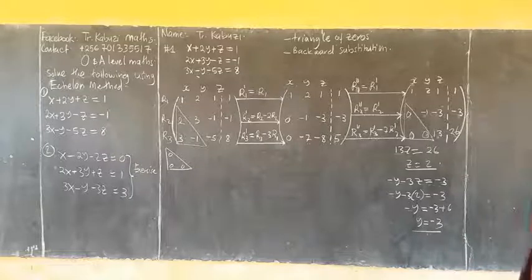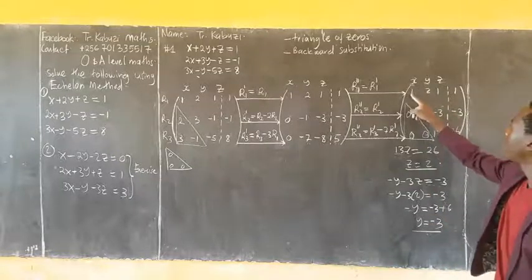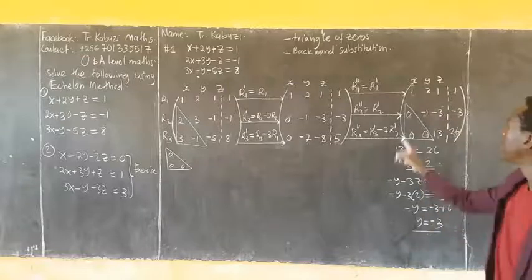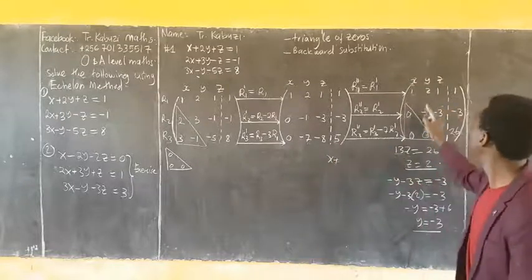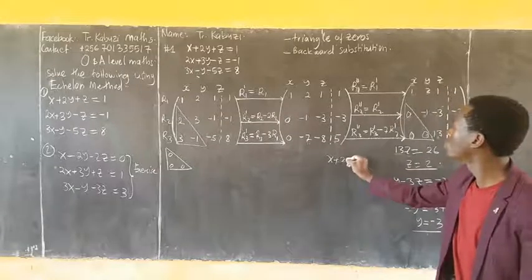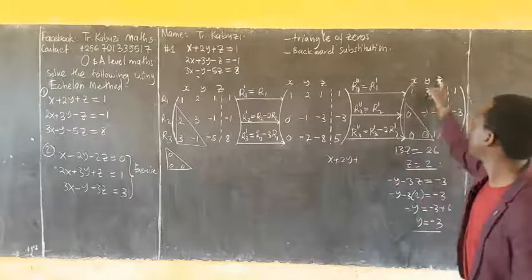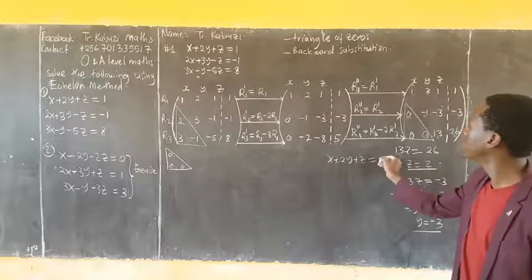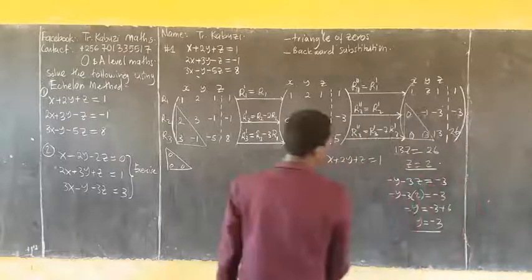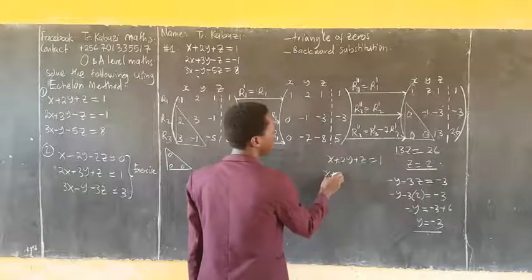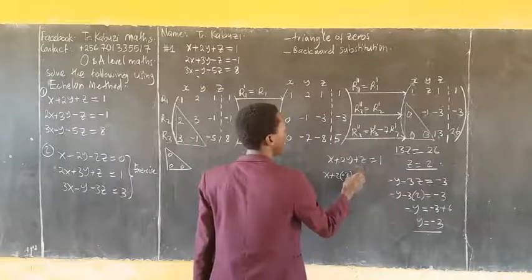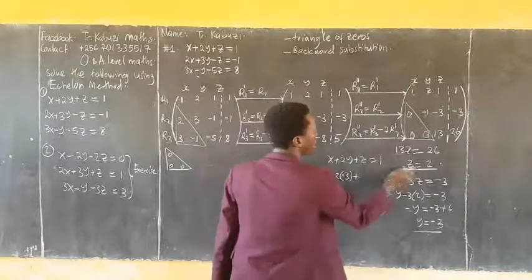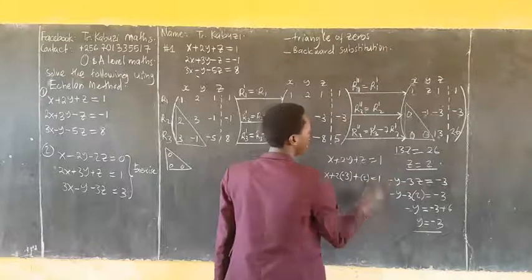Are we there? Then I come to this one. Now I say this times this I have x, plus this times this I have 2y, plus this times this I have z, equaling 1. Now my x plus 2 into y, which is negative 3, plus z, my z was 2, equaling 1.